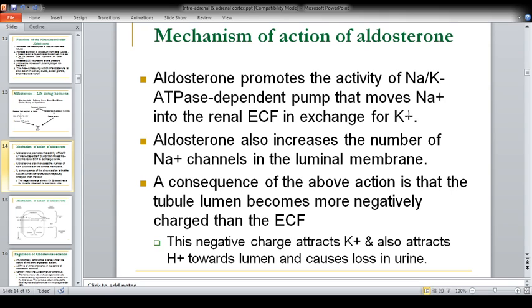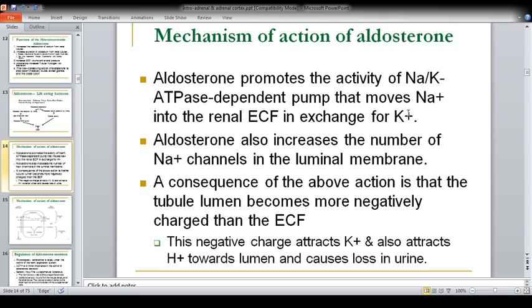So there are small pathways, you can say, in the cell membranes of different cells, such as in the renal tubules, small pumps which require energy to operate. They use ATP, adenosine triphosphate, the highest packet of energy in the body.